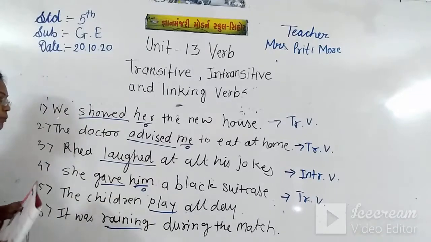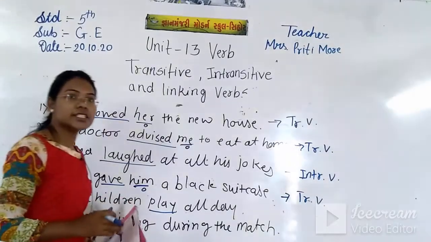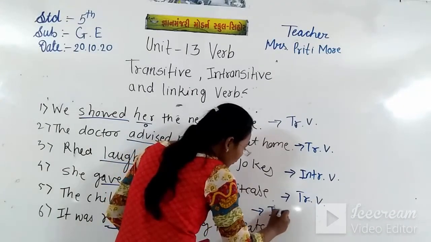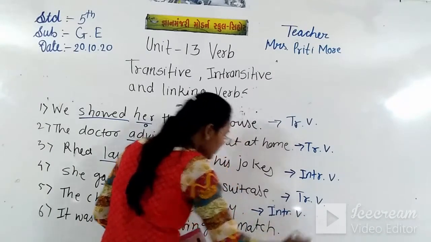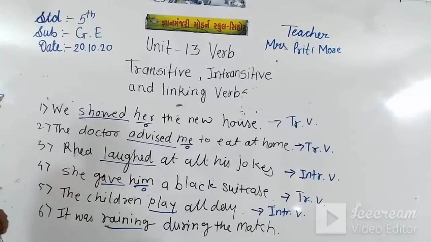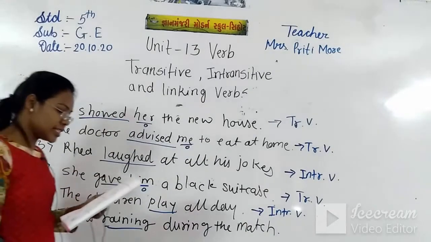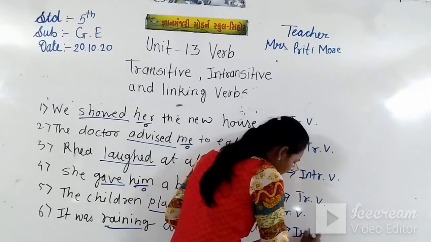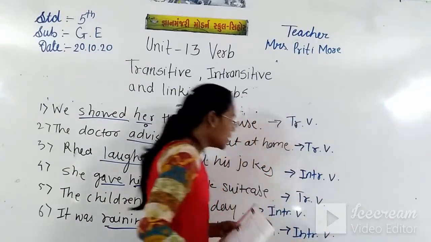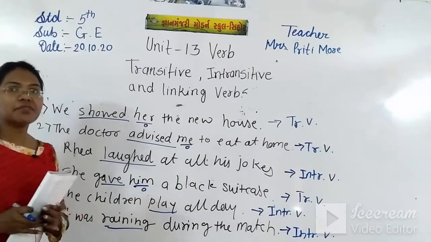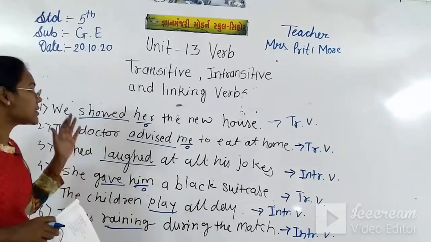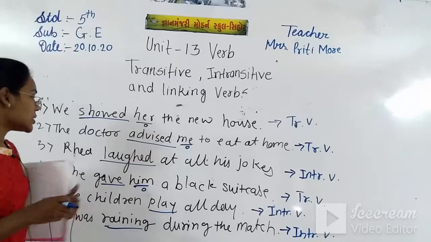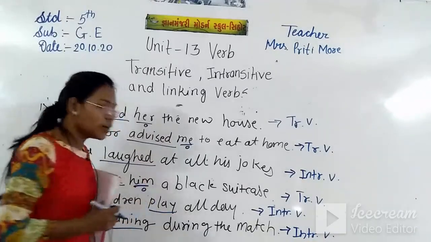The children play all day, there is no object, so this is the intransitive verb. It was raining during the match, this is also intransitive verb. So here we have identified whether the sentence is transitive or intransitive. So you just note down this in your notebook.